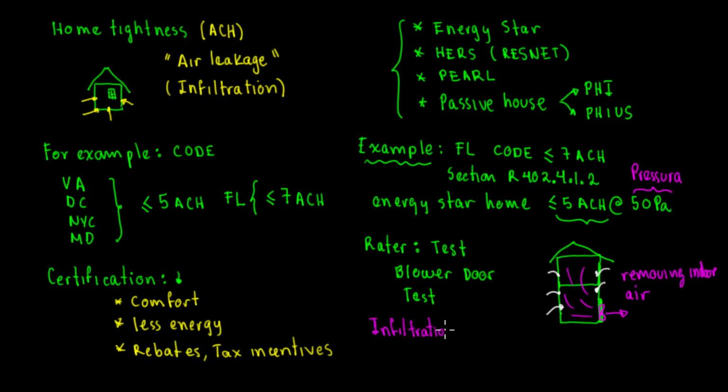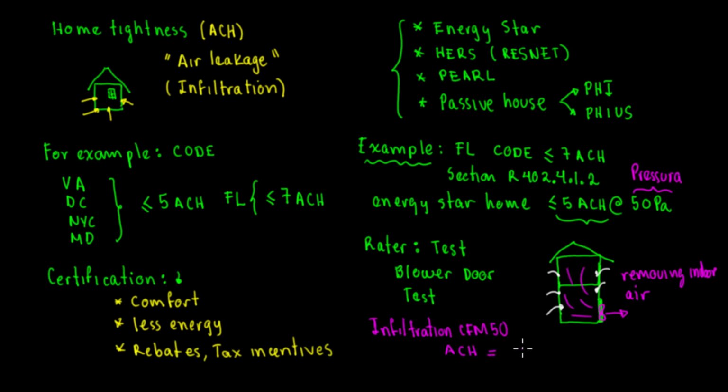And the infiltration would be tested, the CFM at 50 pascals. So pretty much what you need to obtain here is the following, because everything is based on the ACH, air changes per hour.